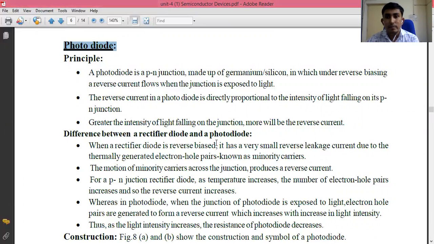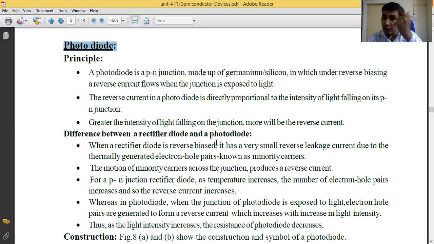We know very well that whenever our rectifier diode is in reverse bias, a very small leakage current will flow. That small leakage current is due to our minority charge carriers, and the motion of those minority charge carriers across the junction produces the reverse current in the PN junction diode.